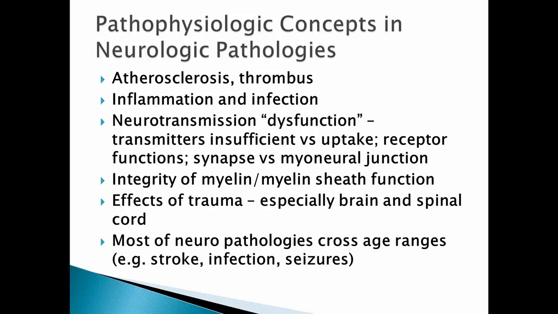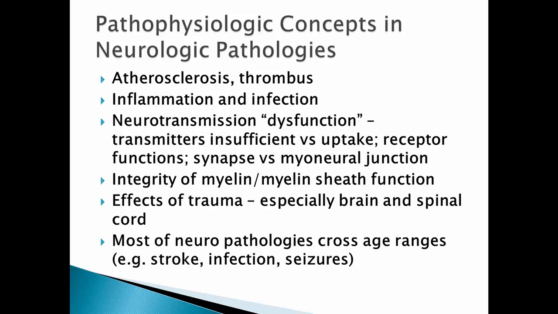And then we'll also think about trauma, especially in the brain, but we also think a bit about the spinal cord. We're going to focus more on brain trauma. The other piece that we want to have a good understanding of is, as with many of the things we've talked about, most of the neuropathologies that we're going to talk about cross age ranges. So stroke, infection, and seizures occur across all age ranges.